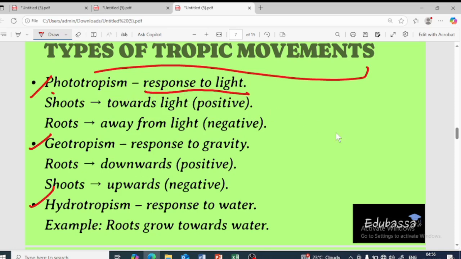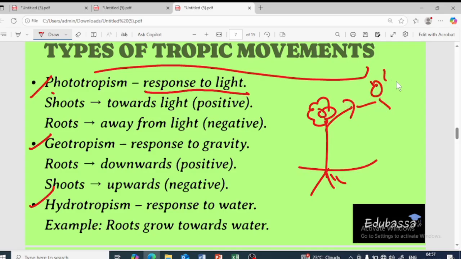That is phototropism. For example, if I take the example of this plant, just imagine this is a plant. So this plant is always going to bend wherever the sun is present. I can give you the example of sunflower. Sunflower always faces wherever the sunlight is present. So mainly the shoot part will always be facing towards the light.